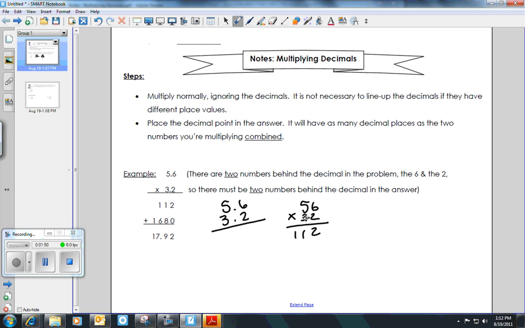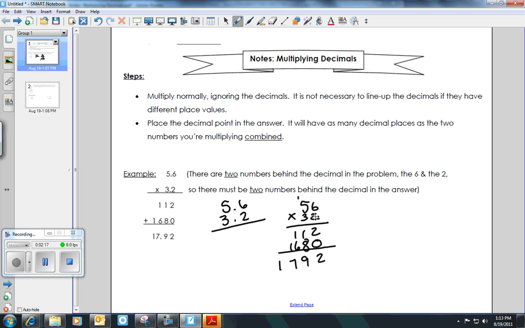And then remember that when you're multiplying, whatever number on the bottom that you're using to multiply with, that's where your number starts. So you're going to skip over a number in your second row of multiplication, and you're going to start writing underneath the 3. So you'd do 3 times 6 here and carry. So you need to show your work when you're doing your homework tonight. Then you're going to add up.